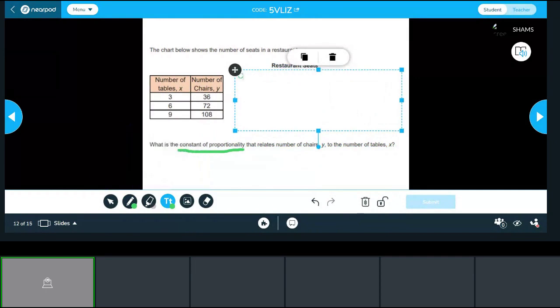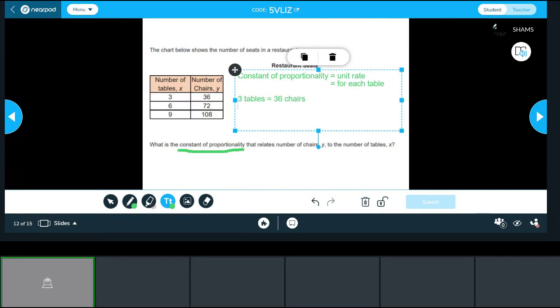Just as a reminder, constant of proportionality is unit rate. That means I will go ahead and find for each. In this case, I'm going to find for each table how many chairs. That is constant of proportionality. And that makes sense. So I know that 3 tables have a total of 36 chairs.